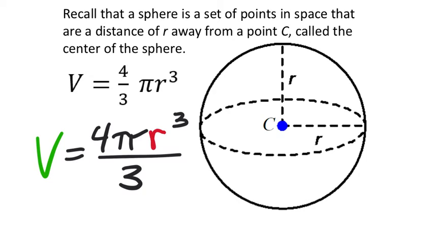You'll notice the difference between this formula and the previous ones for cylinders and cones, hopefully, is that this formula has only two variables, either volume or radius. So if they say find the volume, they either have to give us radius or diameter, or if they want us to solve for the radius, they have to give us volume.